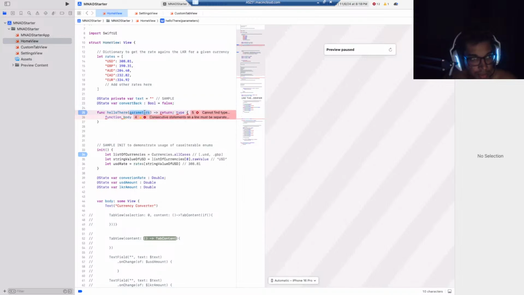Yeah, so I need to declare the type, so it's a double. Now integer. Say integer is a double. That should do the job. It should be like return, and then it should be like return double, because we're returning this integer.